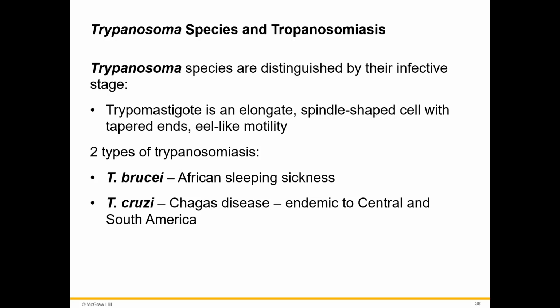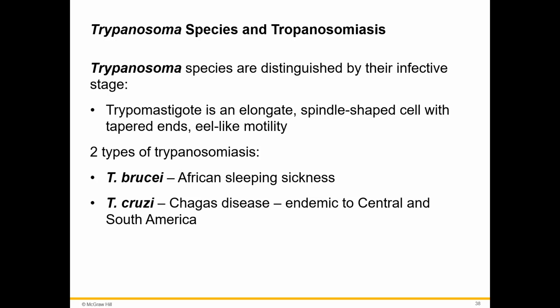The species within the genus Trypanosoma are usually distinguished by their infective stage, which is the trypomastigote. This form is elongate, kind of spindle shaped, and has tapered ends. And I think it's cute that they say it's eel-like in its movement.